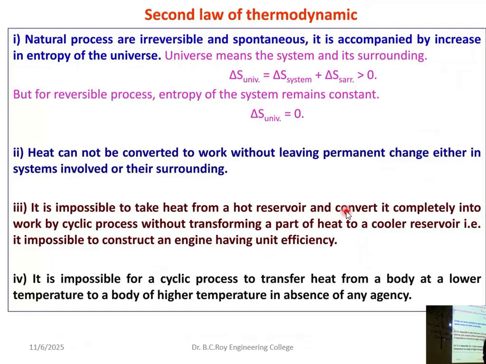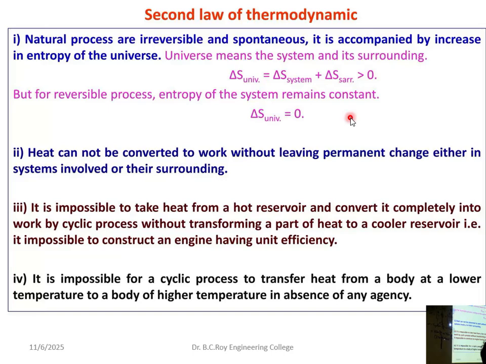Now one thing here to learn: energy is conserved, but not the entropy. Any process that happens, delta S of the system plus delta S of the surrounding is not equal to 0, it is greater than 0. That is the difference between entropy and heat. Heat is conserved because it is energy, but entropy is not energy, it is not conserved.